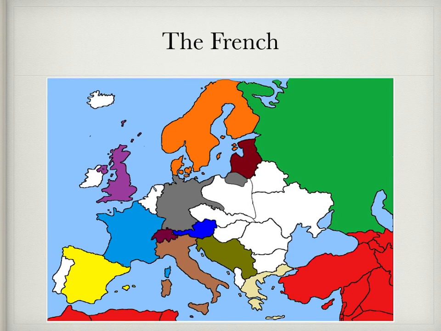Okay, let's look at the French at this point. And here's our map of Europe. We should know where France is on this map. If we don't, I think we're in trouble at this point. France, geographically, is going to be in a tricky spot all of a sudden. Just to the south of them is Italy, a fascist-held government with the dictator Mussolini.